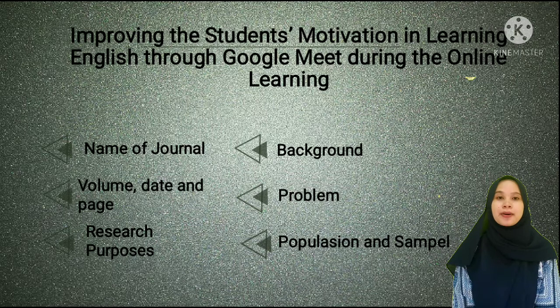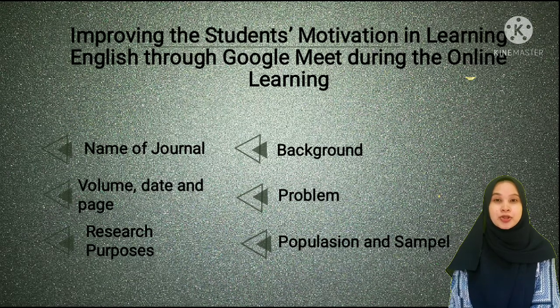Okay, the next is problem. The teaching and learning process tends to be monotonous. As a result, this situation significantly affects student motivation in learning English during the pandemic because they cannot understand the subject matter well.